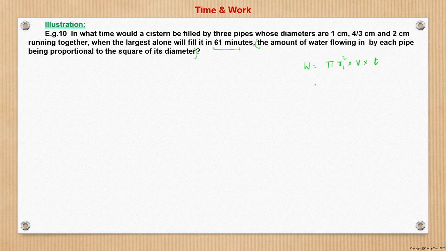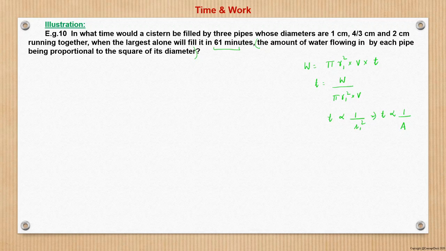So time can be written as work upon pi r square into velocity of the flow, right? So we can see that time is inversely proportional to the radius square, or we can say time is inversely proportional to the area of the cross section of the pipe, because area is pi r square.